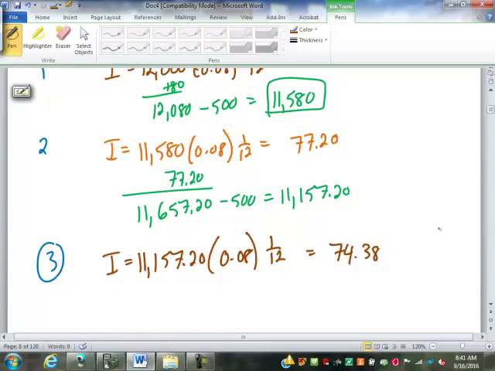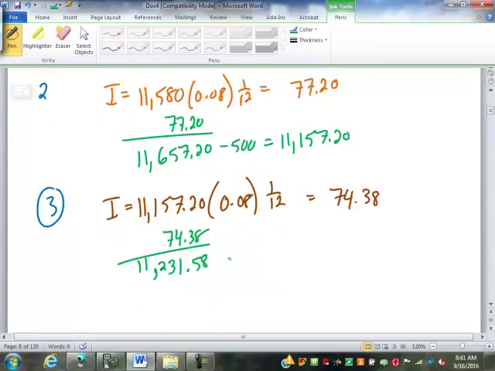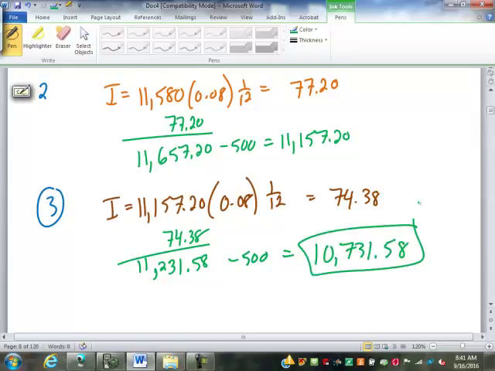You can see the interest goes down every month as you make payments. So now you've got to add the $74.38, so you had $11,231.58. Subtract your $500 payment. That's your balance at the end of 3 months.